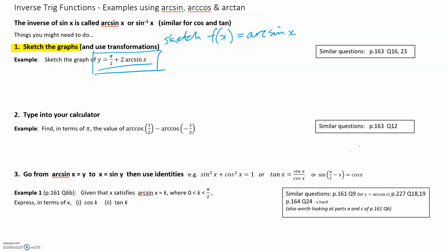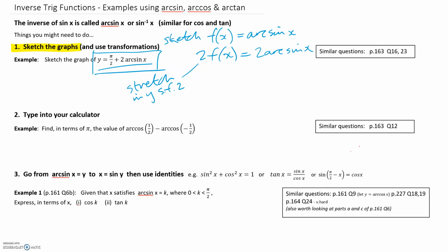And then it's just normal transformations, which you did at GCSE, you did last year. So if you do 2f(x), that will give you 2 arcsine x. So that's obviously just a stretch in y by scale factor 2.